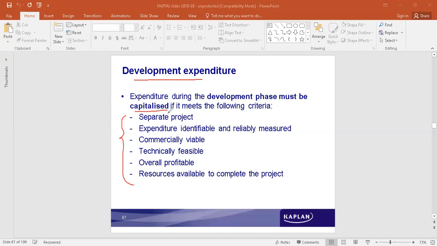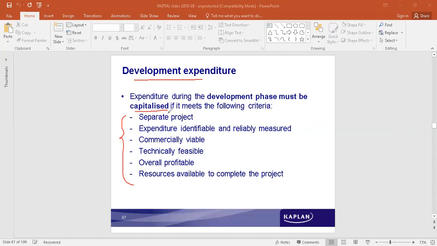If that identifiability is there, then it will be treated as a capitalized amount. It should be commercially viable, because of this a benefit is possible to be realized. It should also be possible for them to spend that. Technically, it should be feasible. Overall, there should be some benefit out of that.